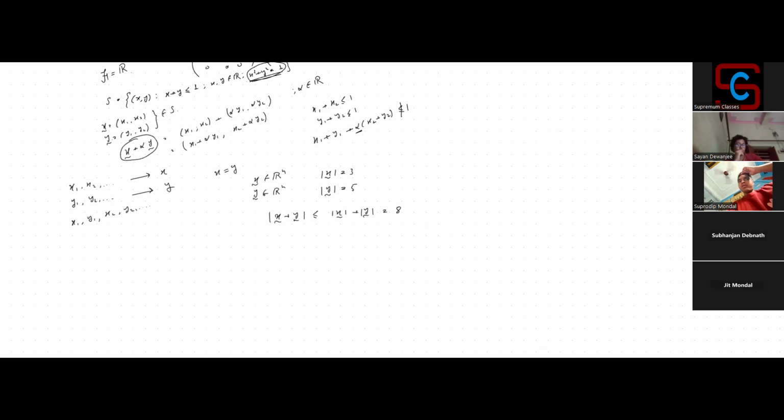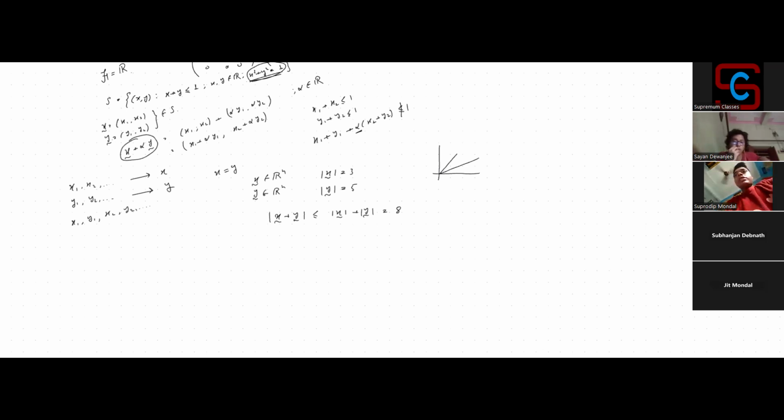First, try to visualize it. Then you will understand when it will be maximum and minimum. The shorter one is x and the other is y.